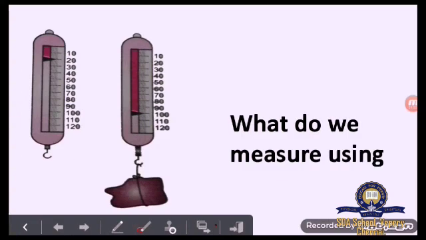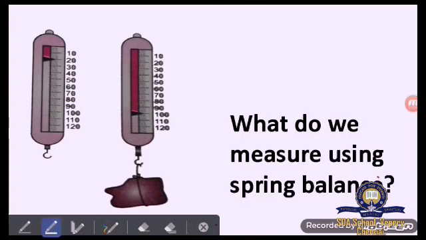What do we actually measure using the spring balance? So the displacement of the pointer from the initial position to the final reading, what do you think? What are the factors on which it depends? The object is being pulled by the gravity of the earth, right?